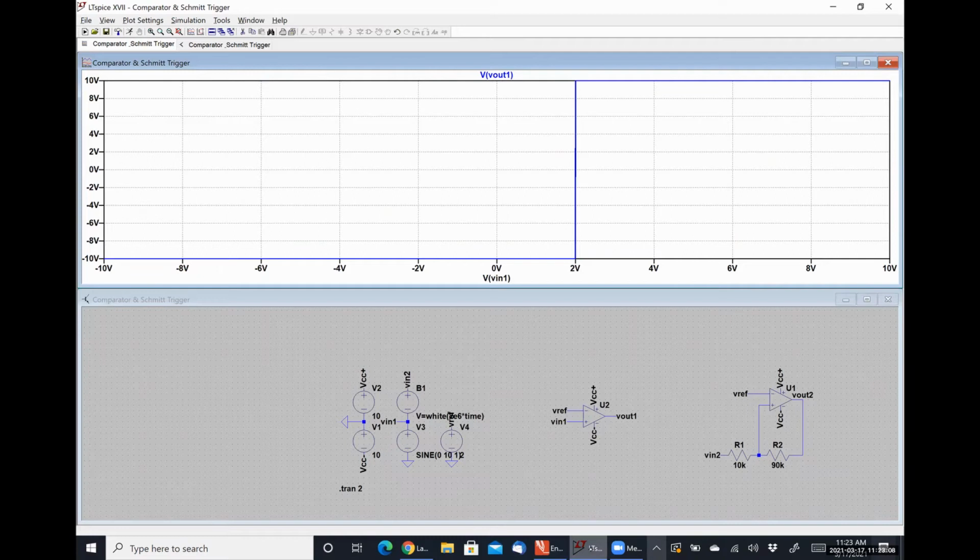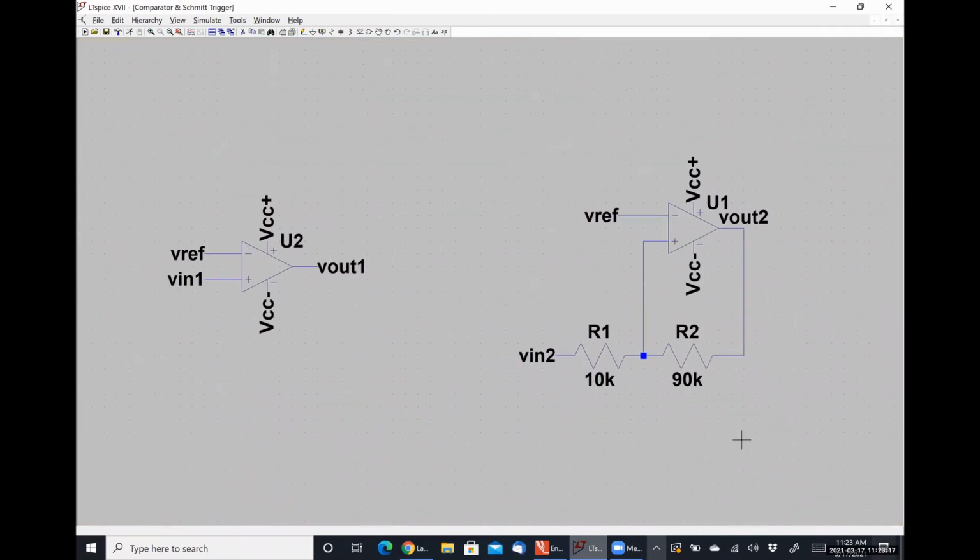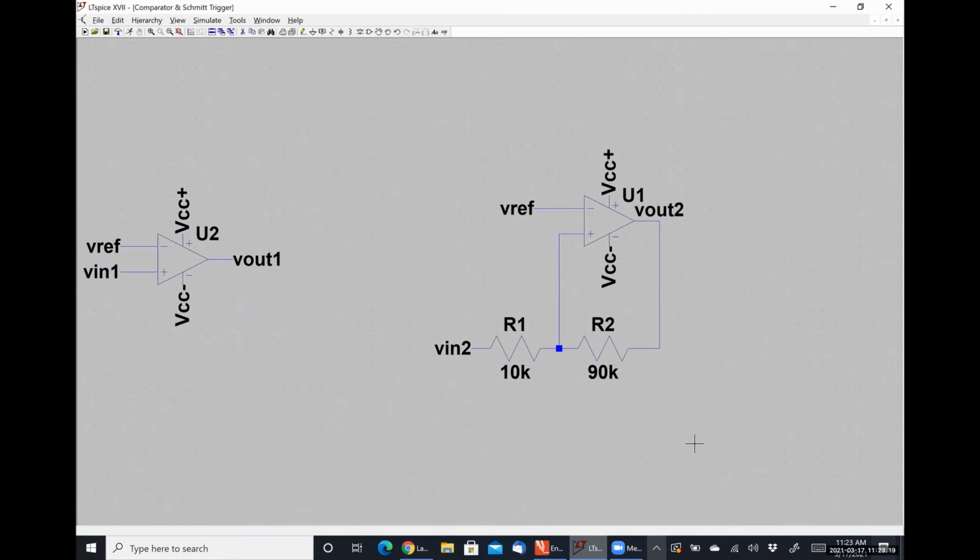So if we look at my SPICE diagram here, assuming our reference voltage was 0, we observed that we had an upper trigger limit of 1 volt and a lower trigger limit of -1 volt.